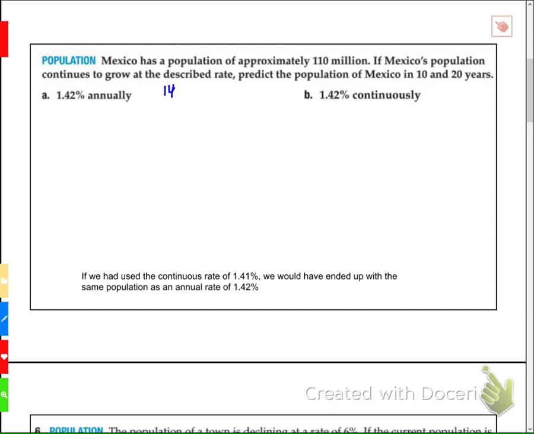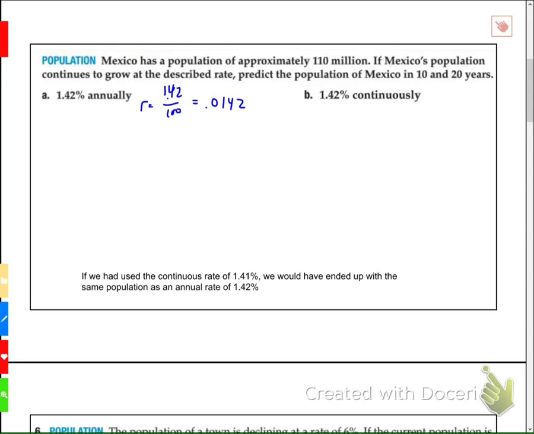Well, let me divide 1.42 by 100. All right, that gives me 0.0142. From now on, I can just write that as a decimal, just making sure that I've put a 0 in front of it. If it was greater than 10%, I wouldn't have a 0. But so there's my rate.